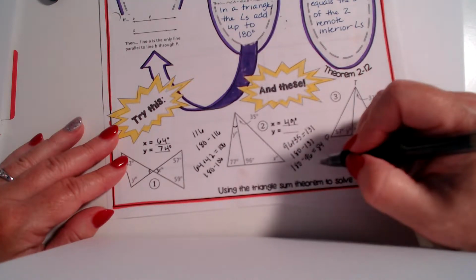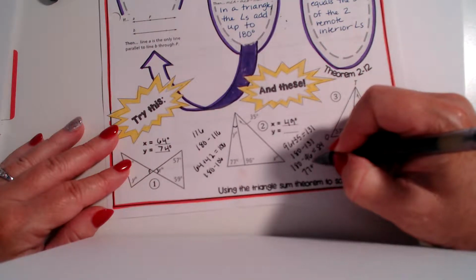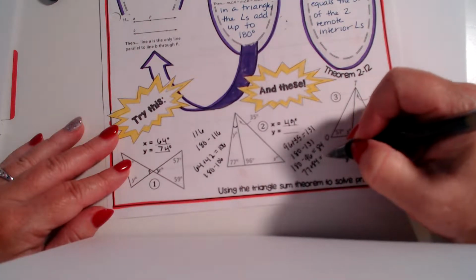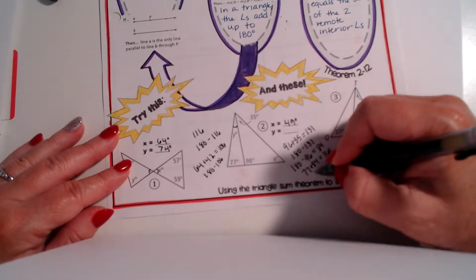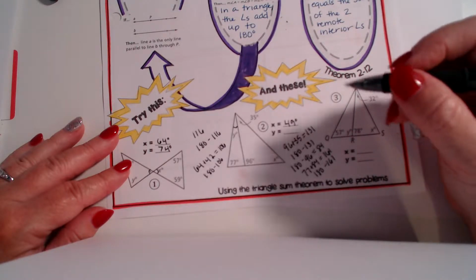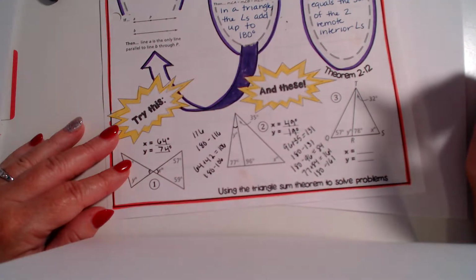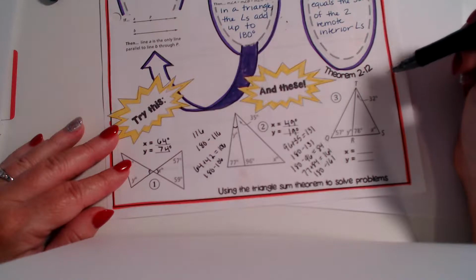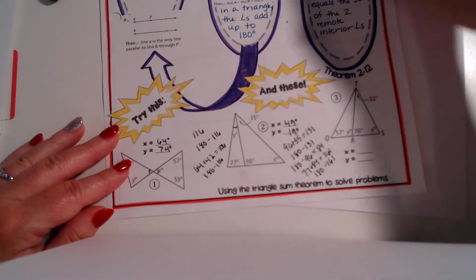And then if we add 77 plus 84, then we're going to get 161. And 180 minus 161 is going to leave us with 19 degrees, which means that y is equal to 19 degrees. Okay, Theorem 212 is very similar to both of those. See if you can do that one on your own.